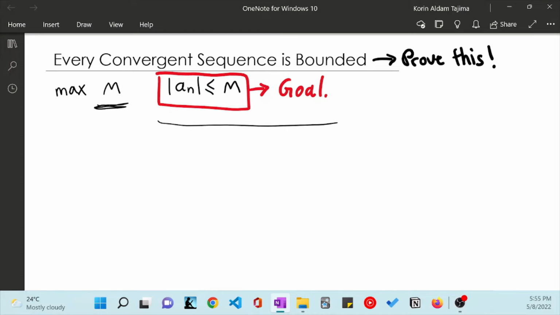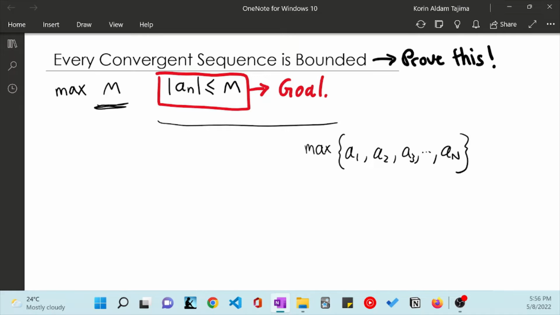One of them we can pretty easily do already, and it's saying that there is a maximum up until an arbitrary value, let's call it a sub capital N. So up until that a sub capital N, there's definitely a maximum value, and we know that because this is a finite set of values, so you can find a maximum in it.